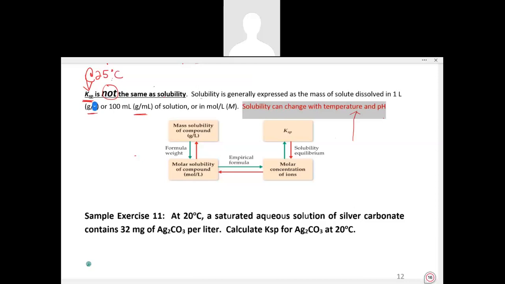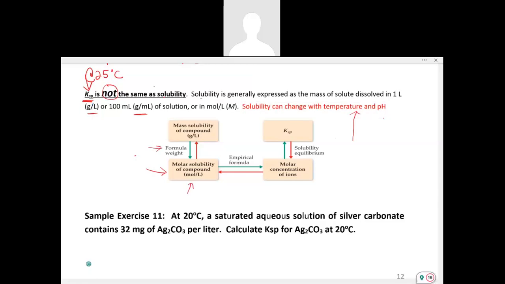So these are not the same thing, and we can use things like molar mass or concentrations to convert between these. If we have our grams per liter, our mass solubility of our compound, and we know the molar mass, we can find the molar solubility.